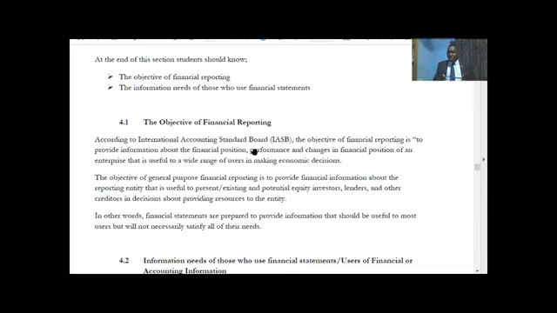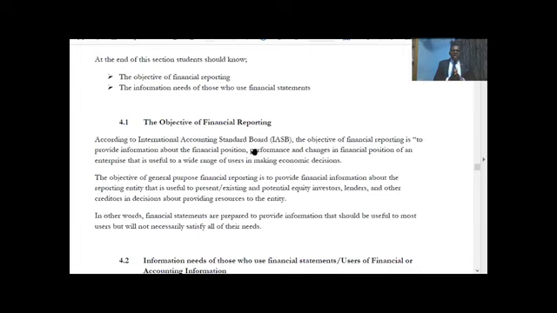How do I get to know the entity's performance? It's only when the organization prepares its financial statements. Once they are prepared, I'll be able to tell how the company is doing by looking at their financial position, their financial performance, and changes in the financial position of the entity.